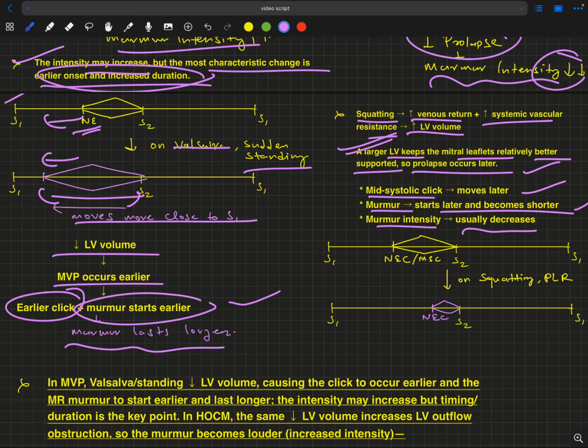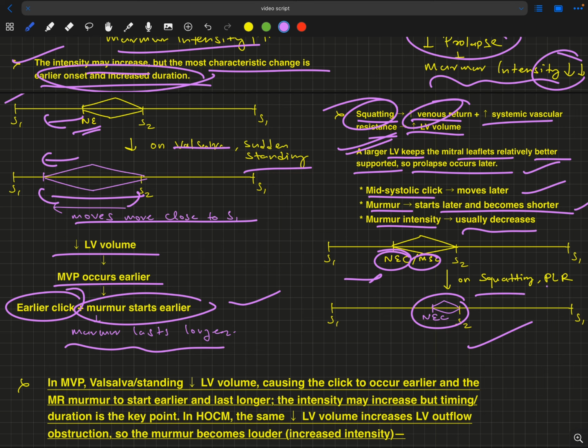On the contrary, when there is squatting, there will be increased venous return, and the left ventricular volume is increasing, which will move the non-ejection click, or mid systolic click, far away from S1, and the murmur duration is shortened.